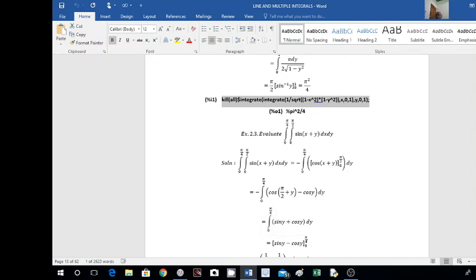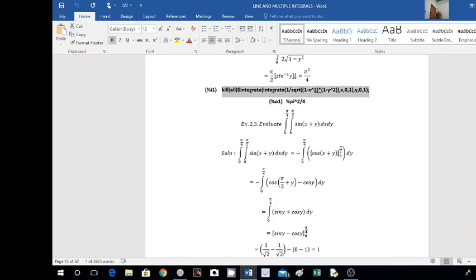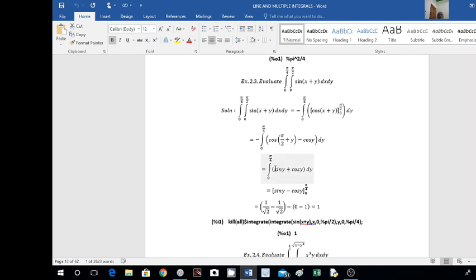Now I have to integrate this with respect to y. So here integration of sin y is minus cos y, plus cos y integration is sin y. So that is sin y minus cos y, between 0 and pi by 4. First put the upper limit here, pi by 4.